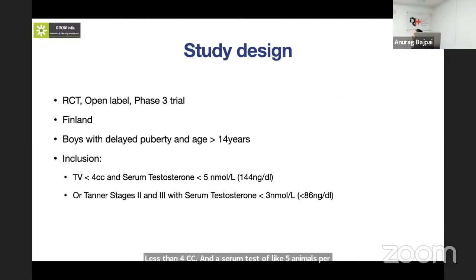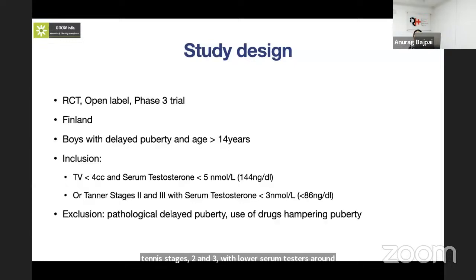Later on in the study, they also included children with Tanner stages 2 and 3 with lower serum testosterone levels. The exclusion was any pathological cause of delayed puberty. So definitely they looked into anosmia, synkinesia, all the causes of pathological puberty that may cause a more permanent cause and not CDGP. And they excluded children who were on drugs that had any implication on their pubertal progression.